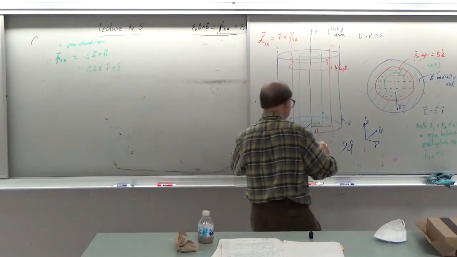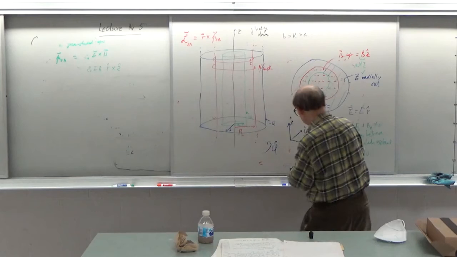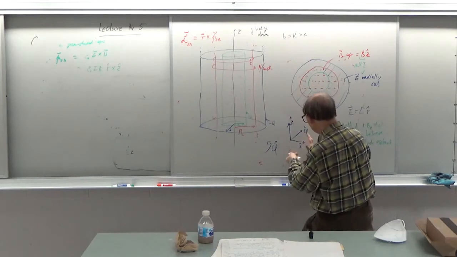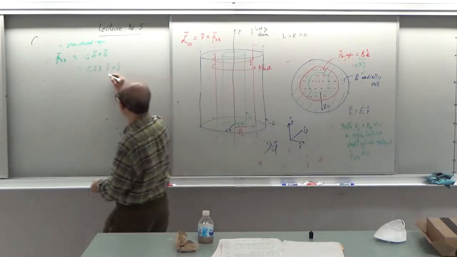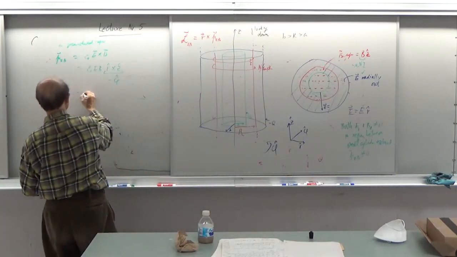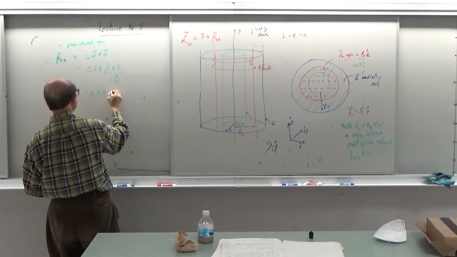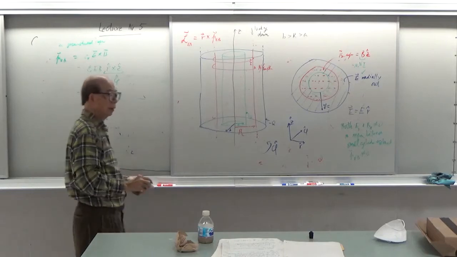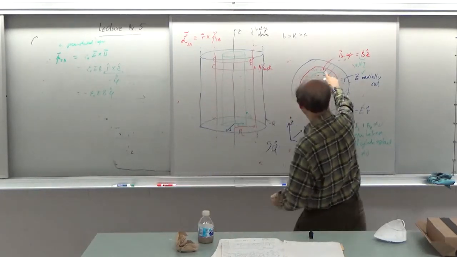And r hat cross z hat points opposite to phi hat, it's minus phi hat. So this is equal to minus epsilon naught E B phi hat in the green shaded region.